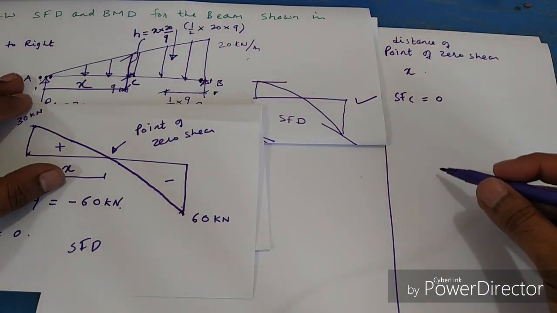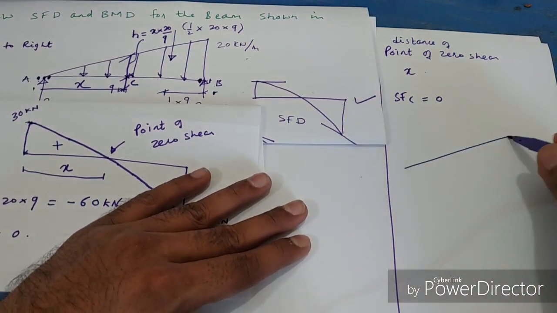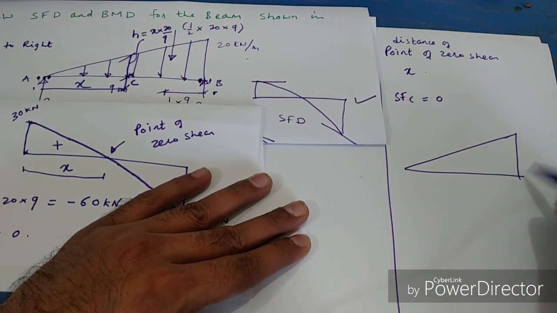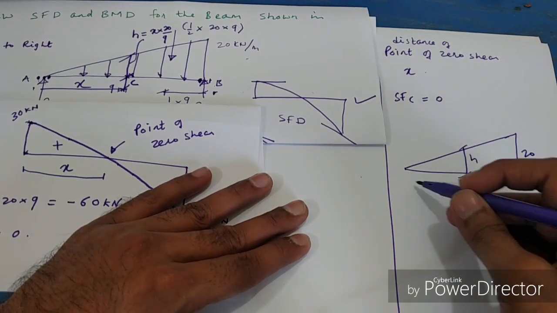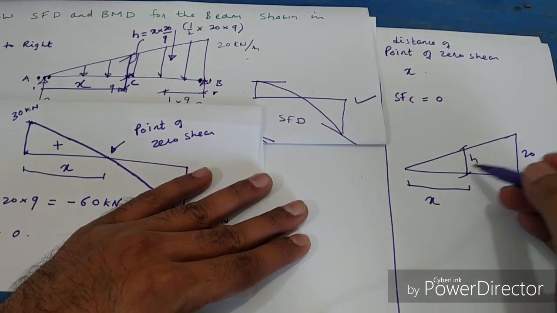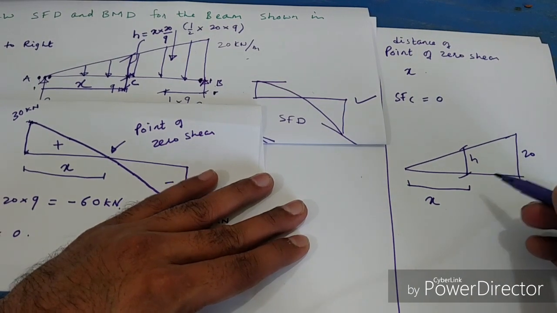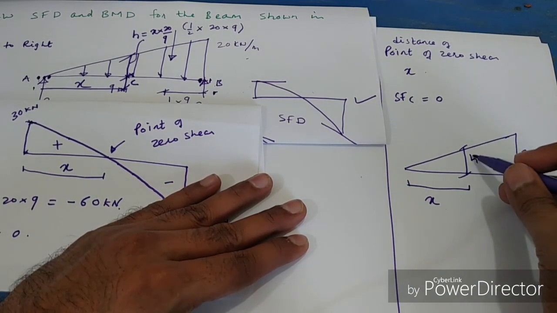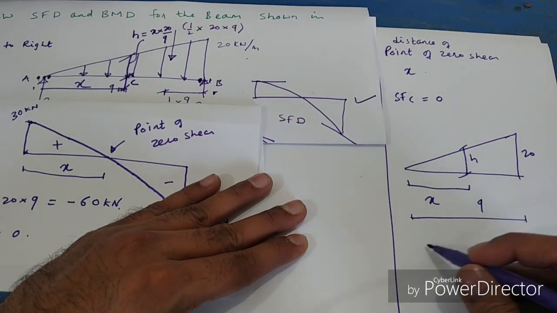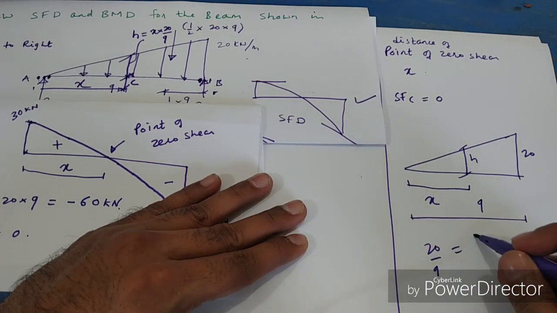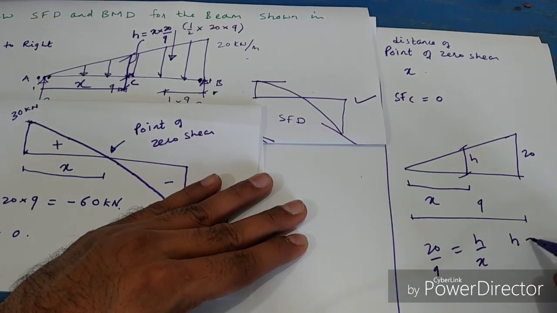Okay, so you know how to calculate that. I will draw here. This is 20 and this is h, this is x. By the concept of similar triangle, we can determine h in terms of x. So this is 9. 20 by 9 equal to h by x, h equal to 20 by 9 into x.